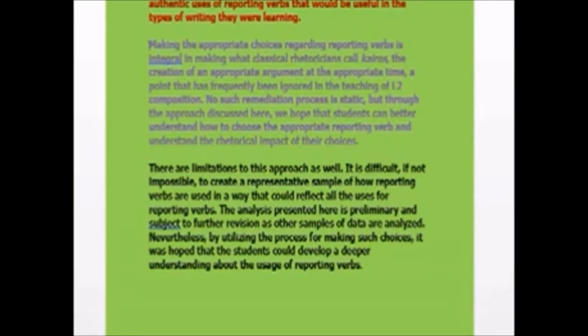And I go on in the rest of the paragraph to talk about the limitations. You recognize your own limits. It's difficult for other people to see them as you do.